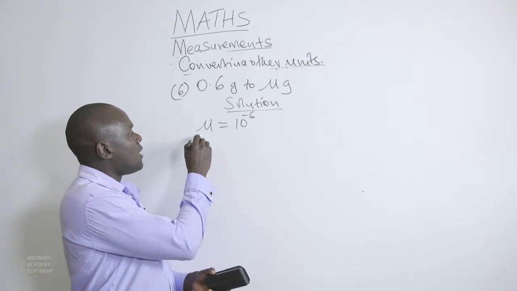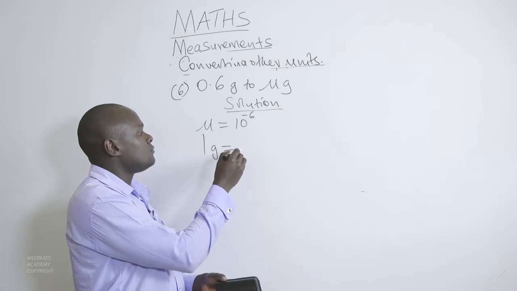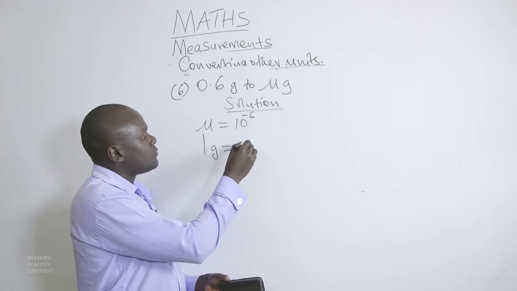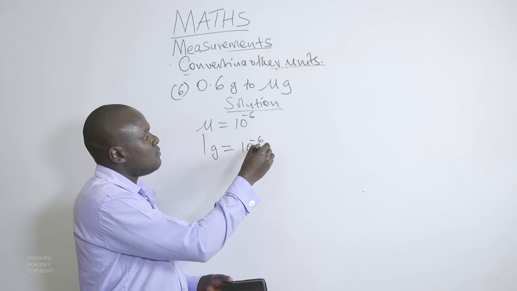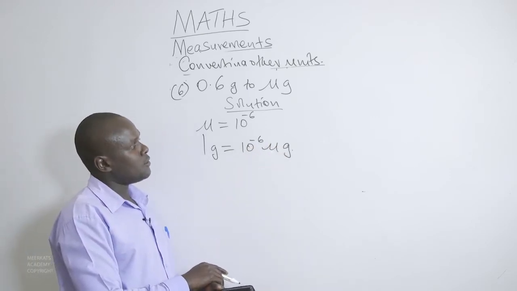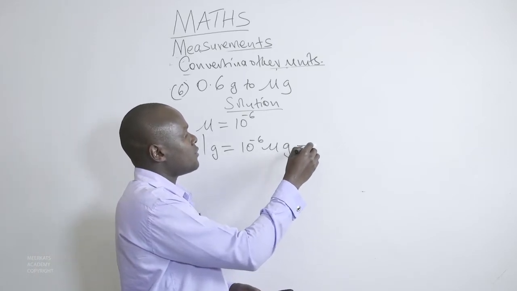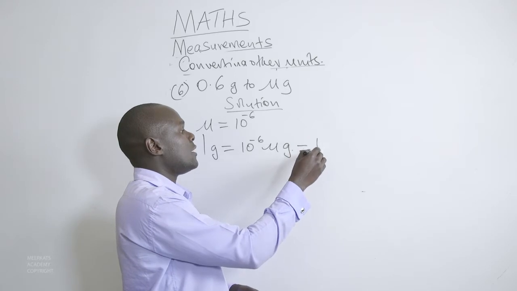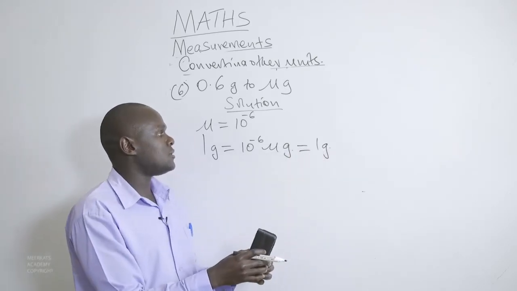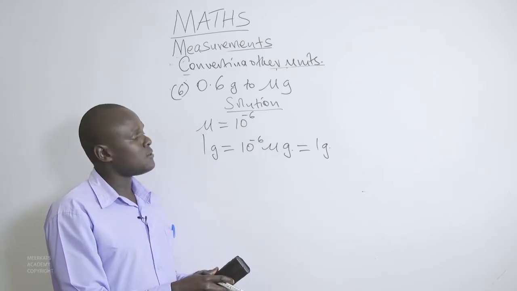So this means our 1 gram is equal to 10 raised power negative 6 micrograms. Or we can still say 10 raised power negative 6 micrograms are equal to 1 gram. This statement is still true. We are just swapping places.